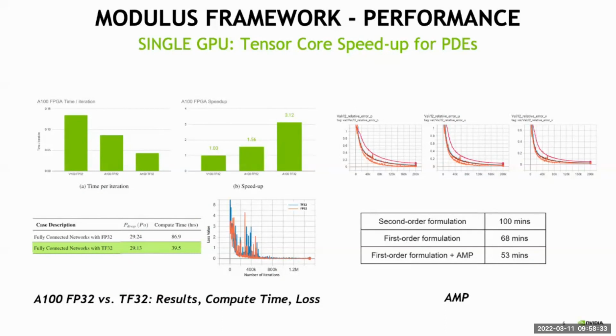Using FP32 precision, the A100 is about 1.5 times faster than the V100, but this speedup becomes 3 times or more when using TF32 precision. The TF32 comparisons with FP32 show a similar level of accuracy with 2 to 4 times the performance improvement. Similarly, the use of AMP speeds up the training time by 2x or more.